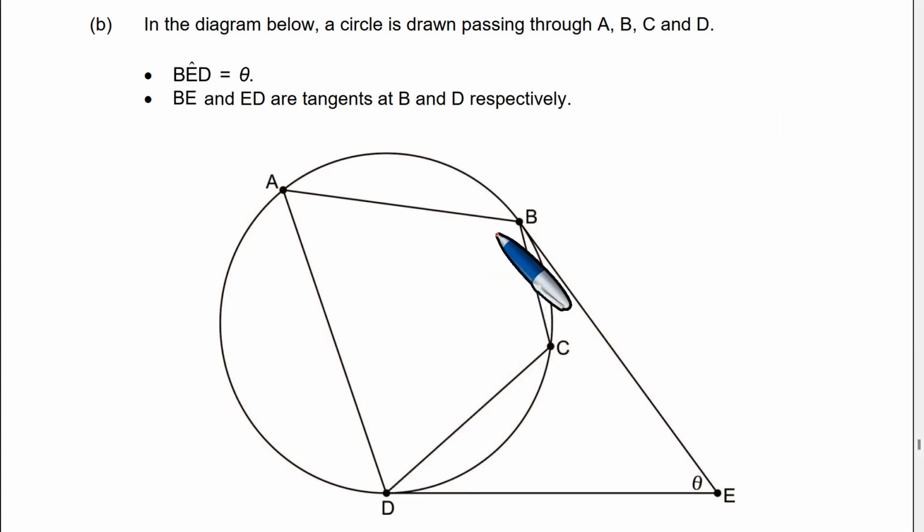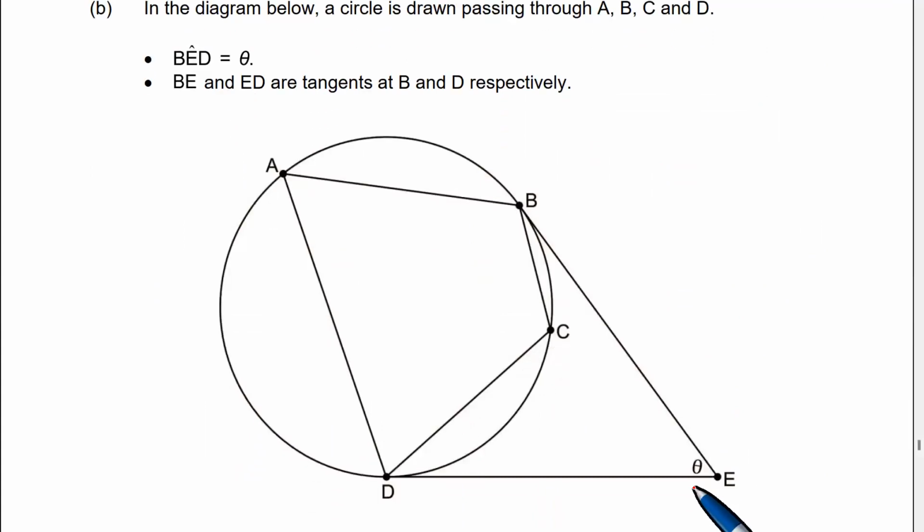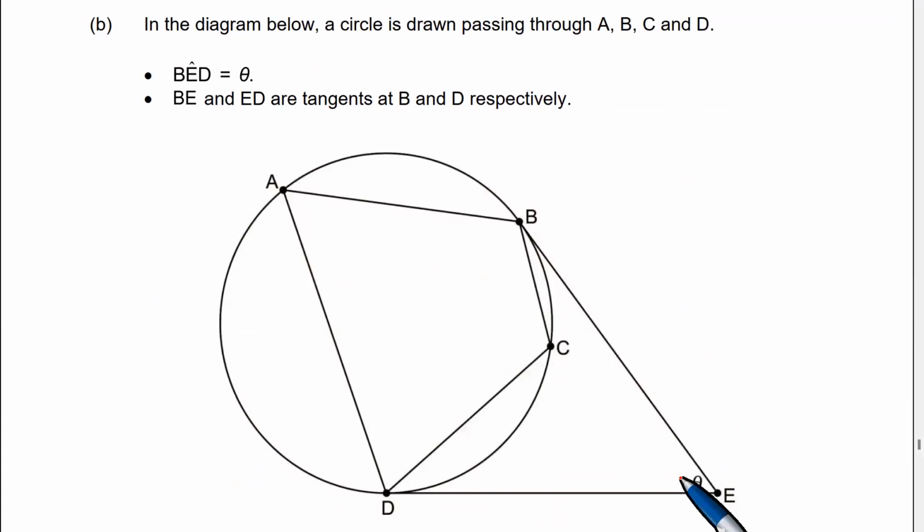BED is theta. Right, it has been shown there. It is exactly theta here. We can see BE and ED. So we have BE and ED are tangents at B and D. So you have that these are tangents and therefore they are equal to each other.